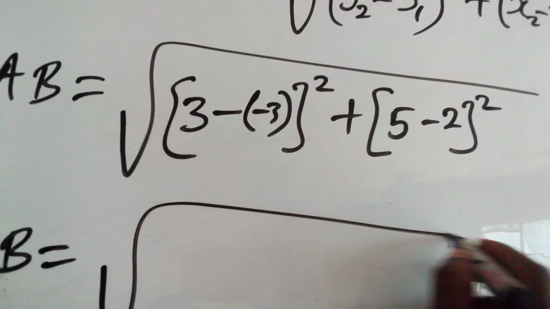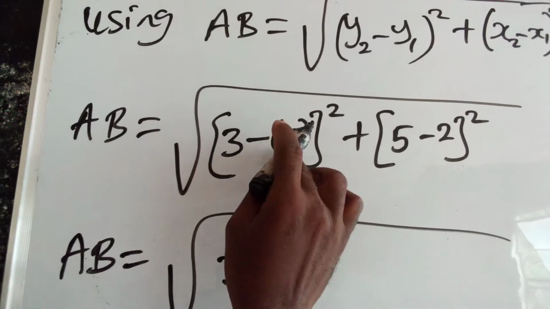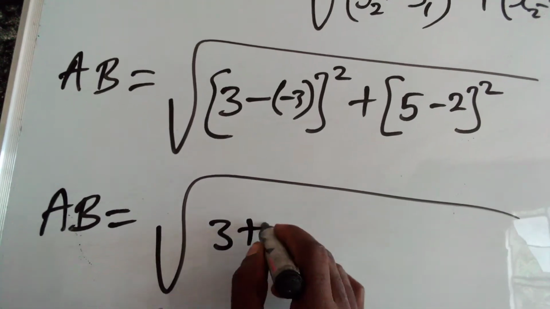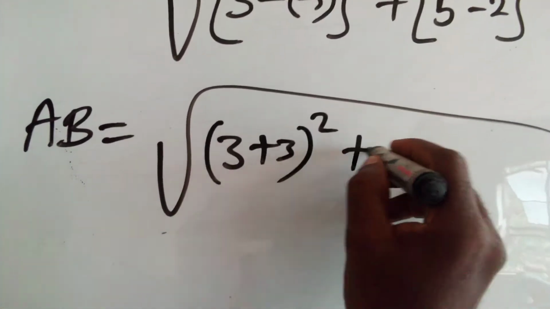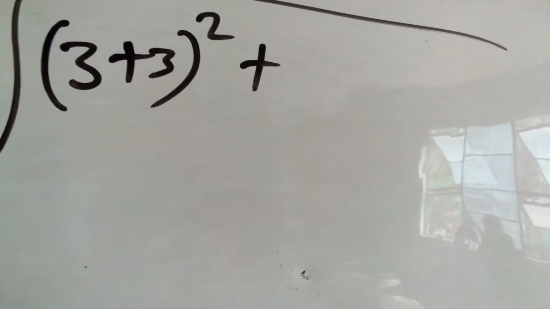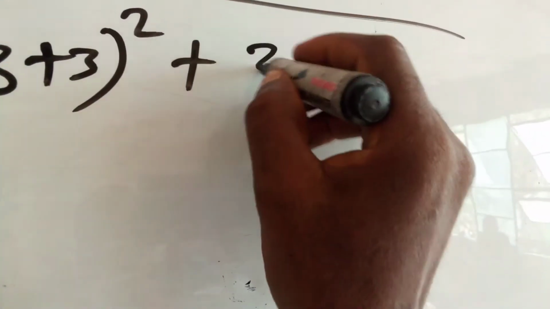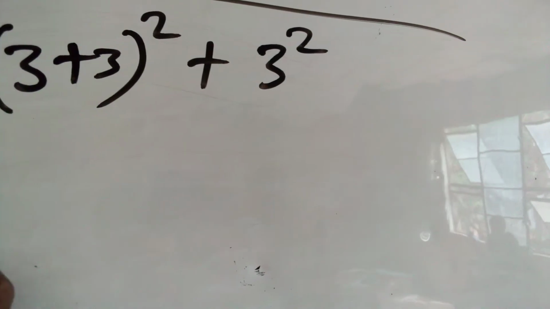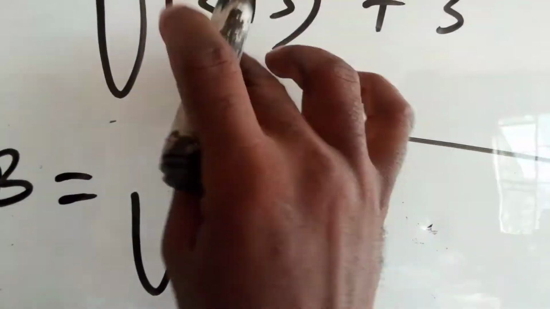So you can say that AB will be the square root of 3. This minus will change to plus. So it will be 3 plus 3 square plus, 5 minus 2 is what? 3. So you have 3 square. So AB will be the square root of 3 plus 3, which is 6.